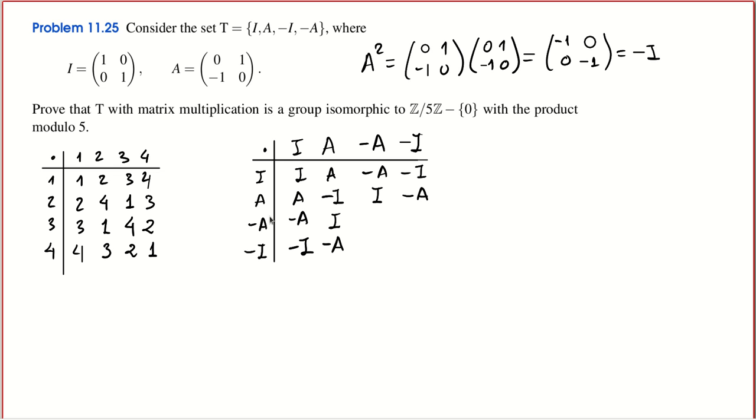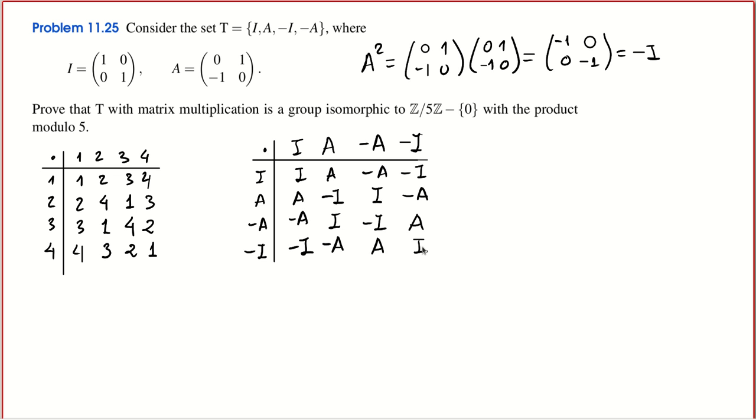Then negative A by negative A is A squared, which is negative I, so you have this here. And negative I times negative A is A, so you have A here. And of course, the negative identity squared is just the identity. So that's the Cayley table of this matrix multiplication.